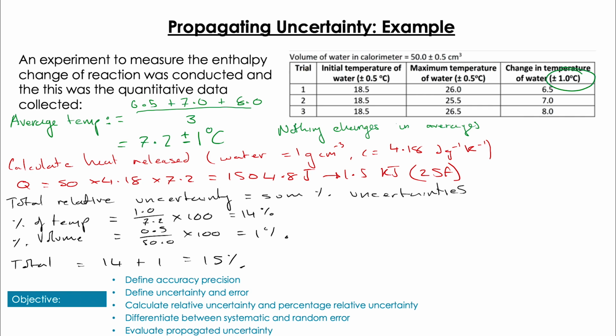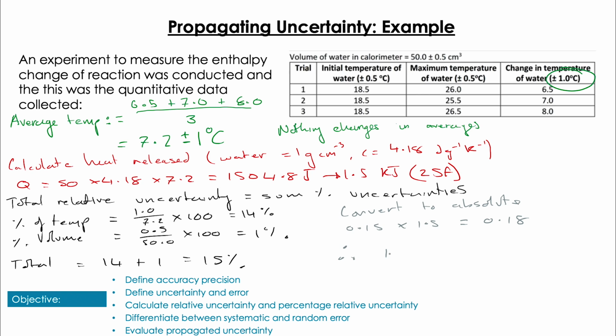That doesn't tell us the whole story though, because that isn't a value in kilojoules. So the last thing we're going to do is we're going to convert that back into an absolute value so that we can quote our final value with its absolute uncertainty. And this is quite simple. We're just going to multiply that value that we just got in percentage by the value in kilojoules, which gives us 0.18 kilojoules.